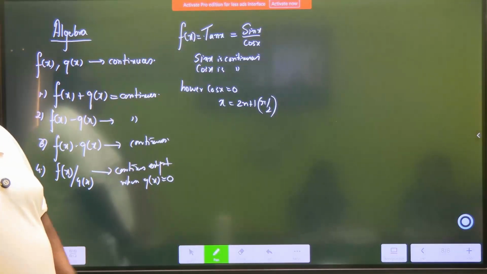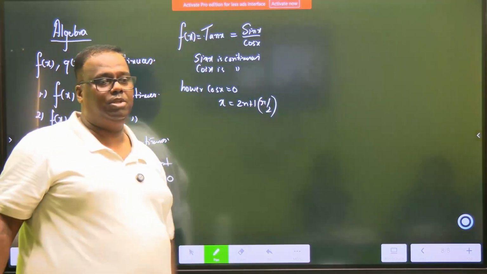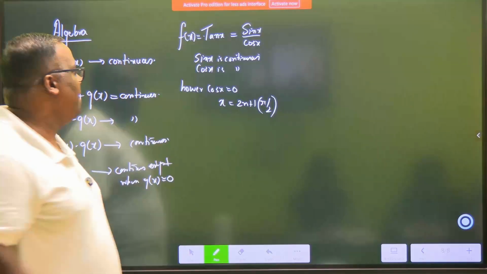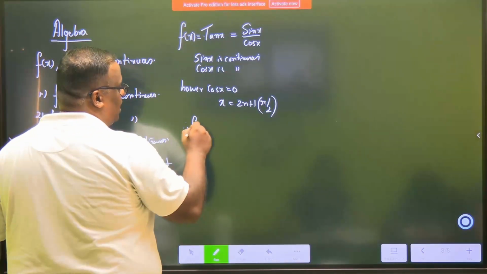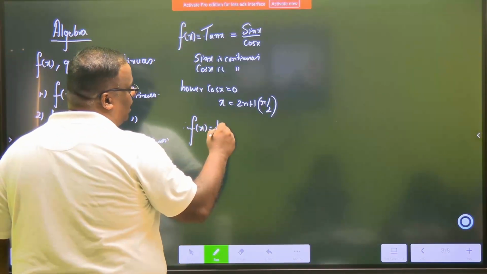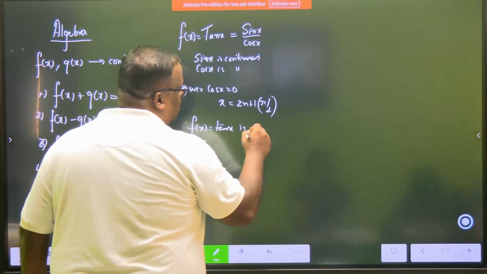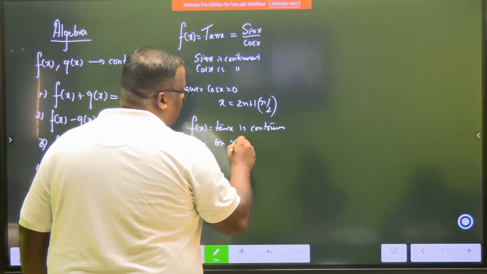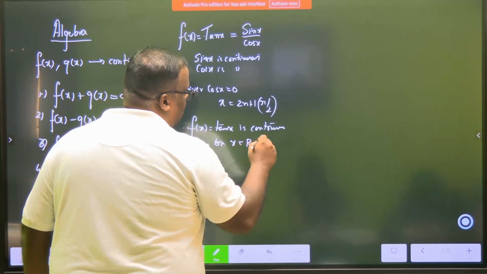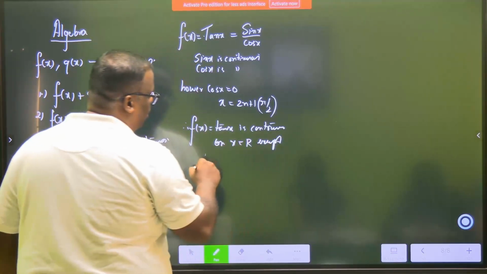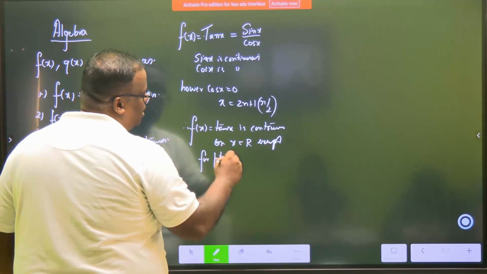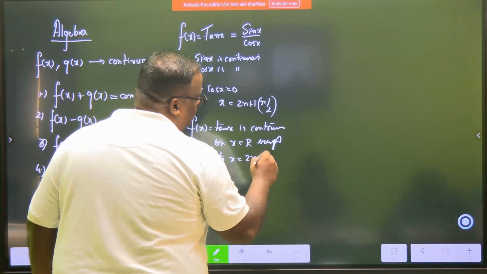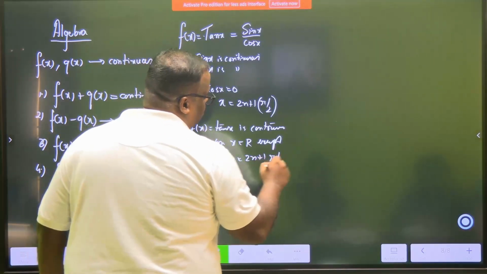At all 90s, at all odd multiples, cos becomes 0. Therefore, we say f(x) equal to tan x is continuous on x belonging to R except for points x equal to (2n plus 1) pi by 2.